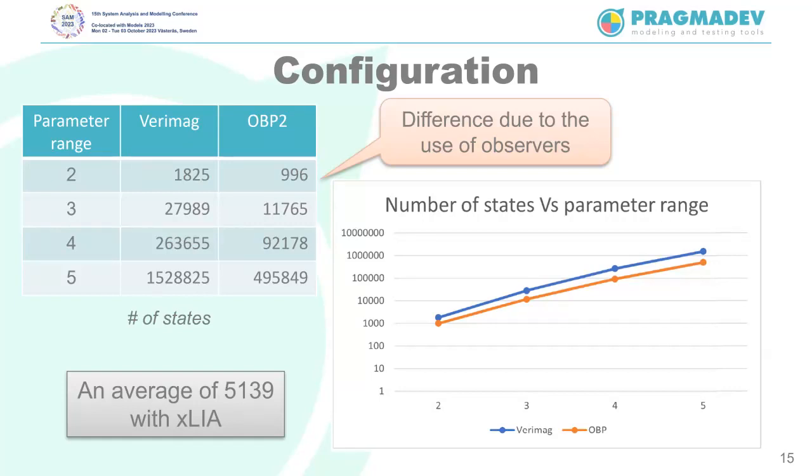It's not exactly the same, and that's mainly because the IF format for Verimag is using what they call observers, and an observer is something you add to the state machine, and it actually creates states because it adds a new state machine as an observer to your model. So it creates more states. But you see it's quite similar.